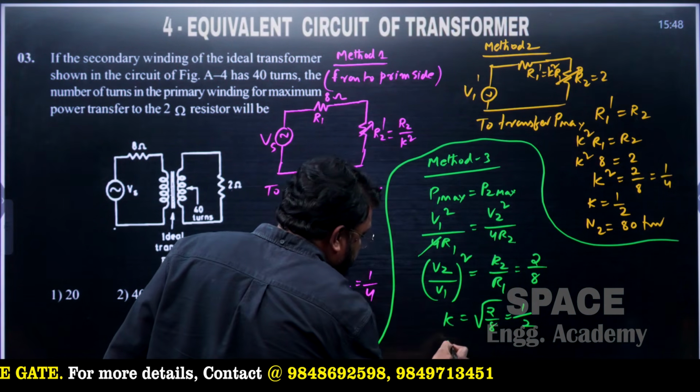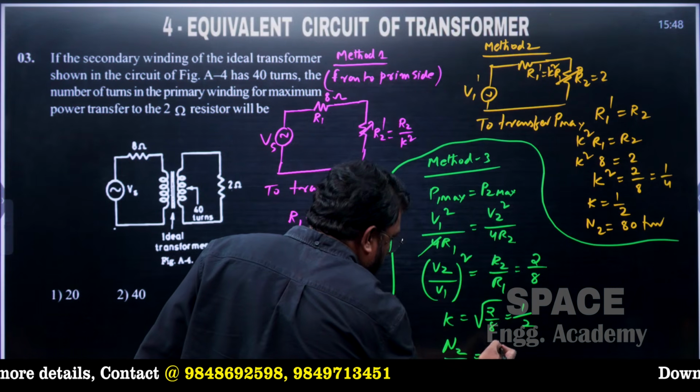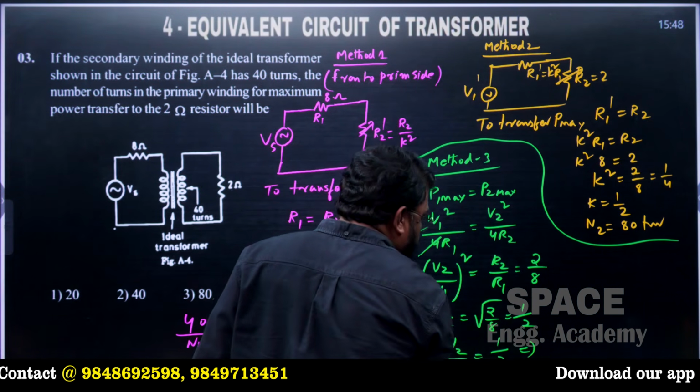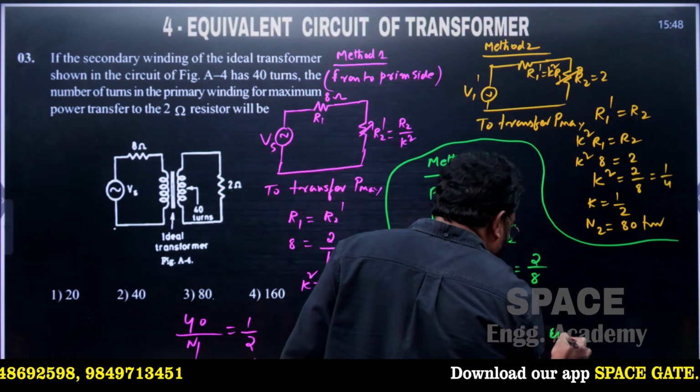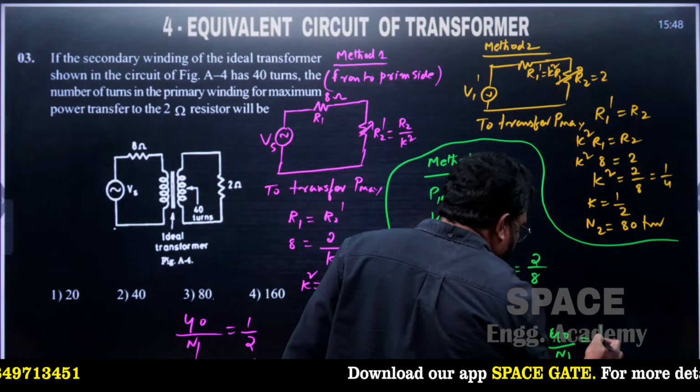Therefore K is equal to N2 by N1 is 1 by 2. Substituting here, N2 is 40, and N1 is then 80.